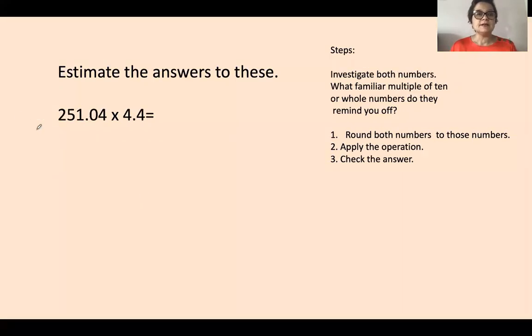Next one. Here we have 251.04 times 4.4. Again, I'm going to take a few seconds and look at both numbers. The first one to me looks closer to 250. And the next one, 4.4, I'm going to round it down to 4 because 250 times 4 is going to give me 1,000. That's a closer estimation, an easy estimation.